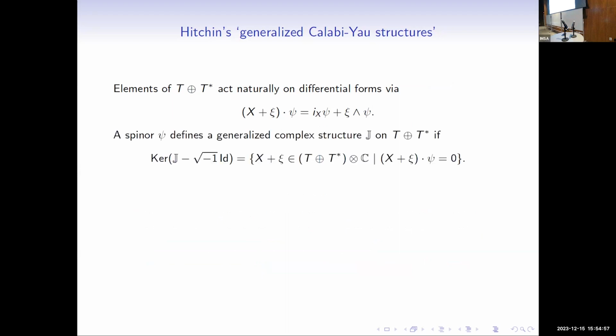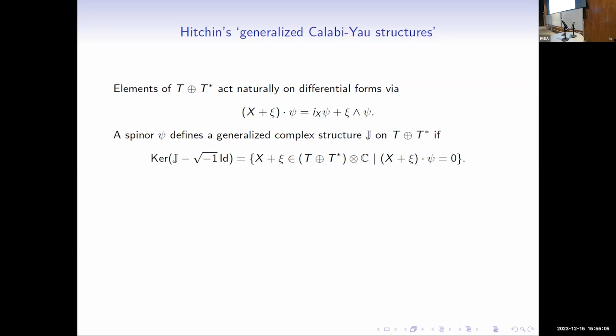But let me briefly say my original point of view, how they were discovered, which is the spinor point of view. You can recast this definition using spinors. Elements of P plus C star act on differential forms using interior product and wedge product, as I write there. That gives an intrinsic algebraic characterization of what the correct spinors are.